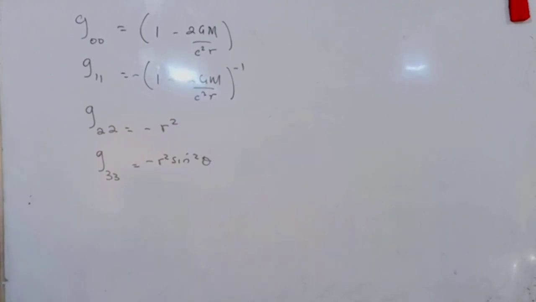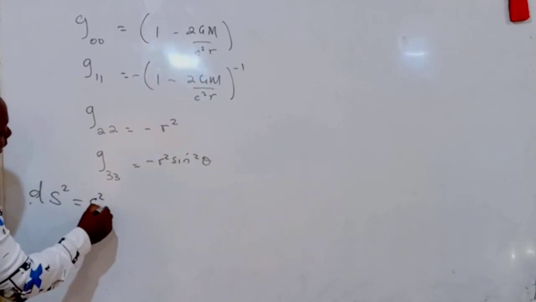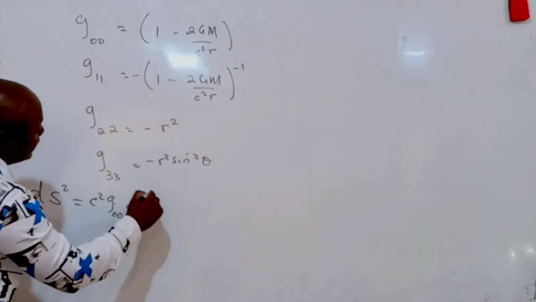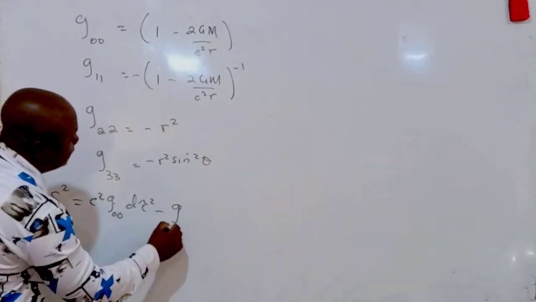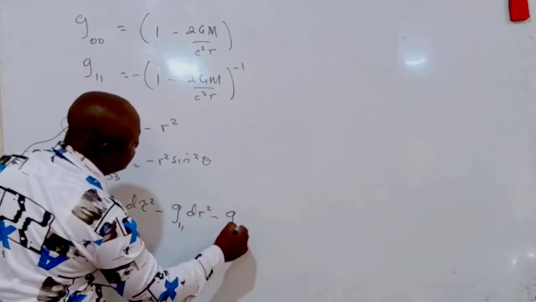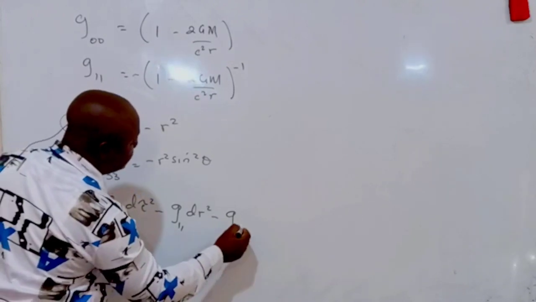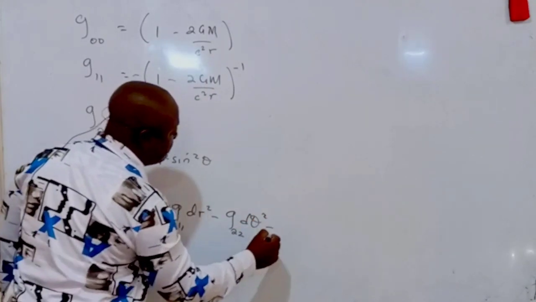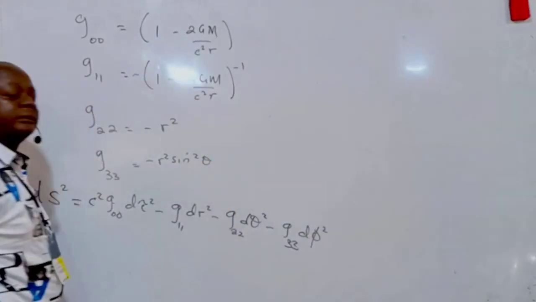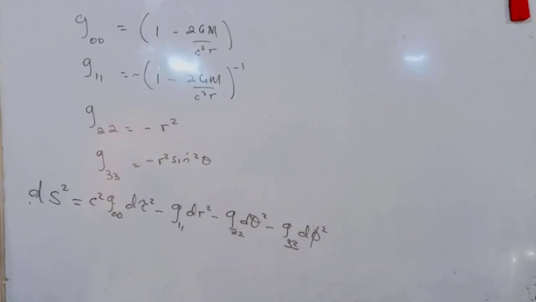So we can write this as a line element. As a line element, ds squared is equal to c squared G00 dτ squared, minus G11 dr squared, minus G22 dθ squared, minus G33 dφ squared.